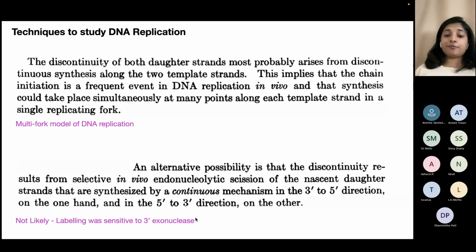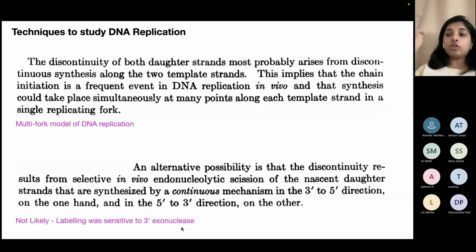Labeling only labels the newly synthesized bases and not the old bases, so if you add 3' exonuclease, the labeling is lost from the cell, because it cleaves the last few newly added bases. Because of this, they concluded that it is not endonucleolytic cleavage, but instead freshly synthesized DNA that is being synthesized in this discontinuous manner.